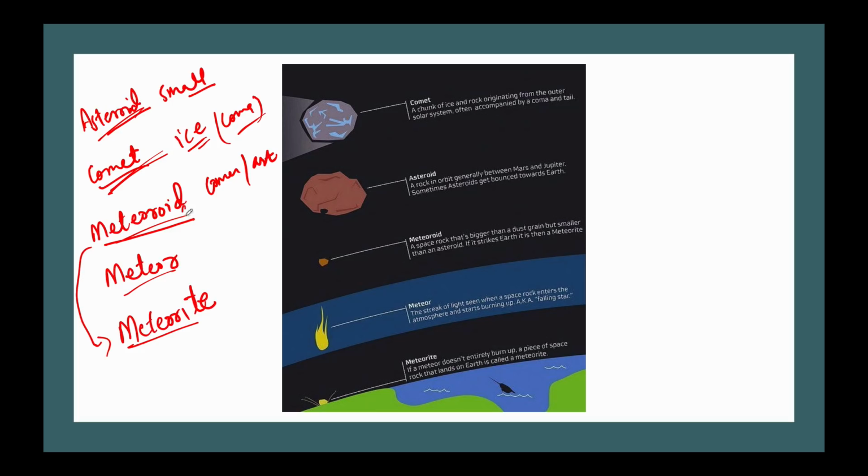This meteoroid enters the atmosphere of the Earth and vaporizes. Sometimes you might have seen it as a shooting star. Then this is a meteor. Okay. Now a meteorite is a meteoroid that survives its passage through Earth's atmosphere and lands on the Earth's surface. So this is the difference between these three.